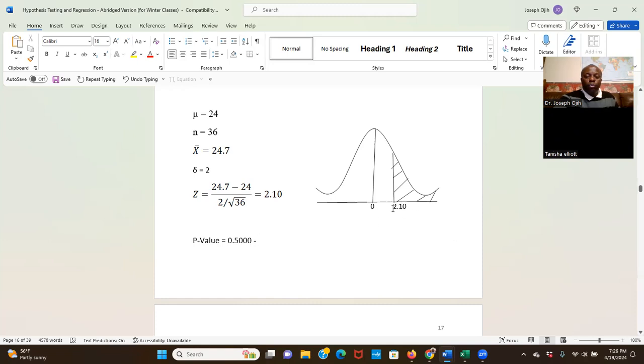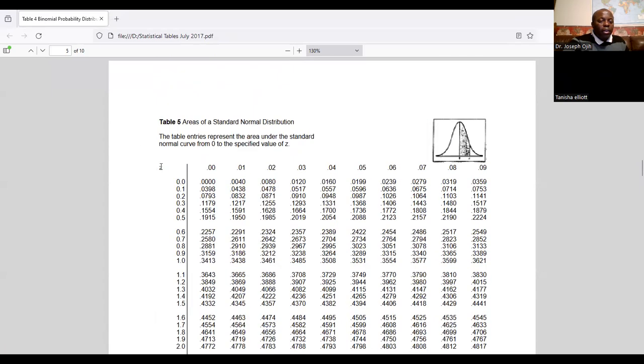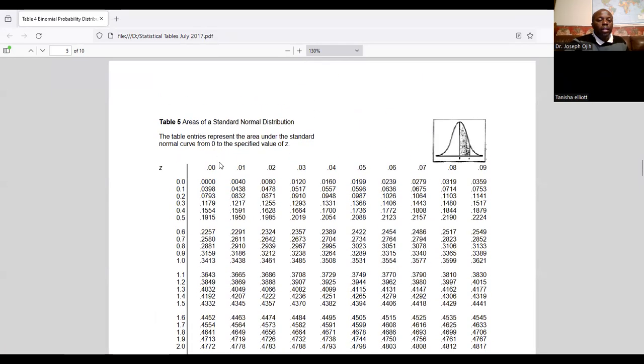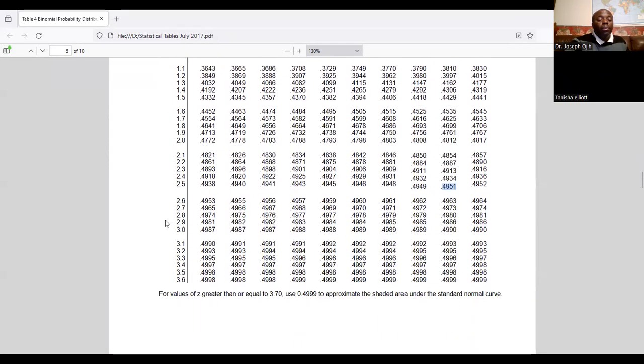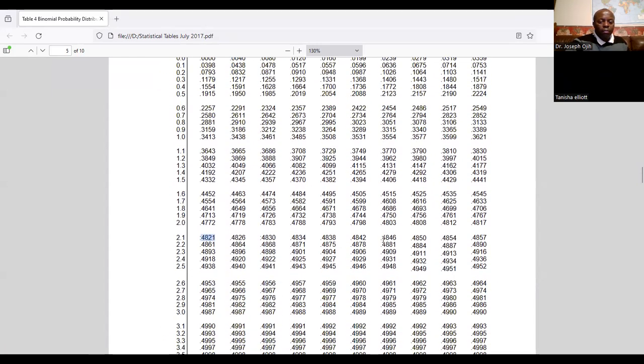What answer did we get for 2.10? We go to 2.1 under 0 in the table. You follow it on the left.